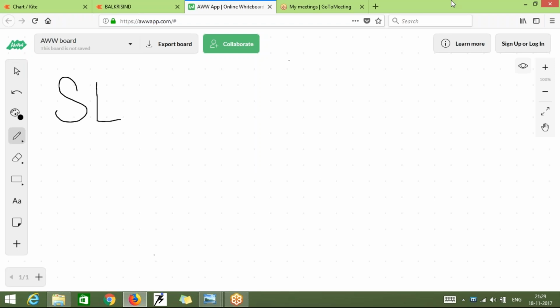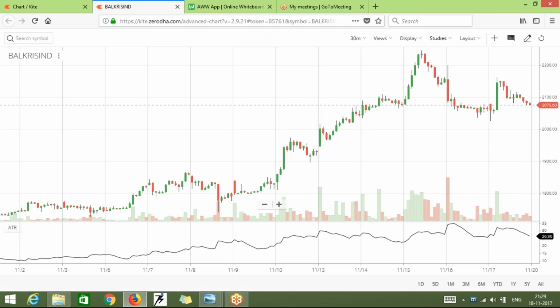So let me show you how ATR actually works. Now you can see this chart. It's Balkrishna Industries. You might have been seeing this. It was continuously moving in an upward trend.